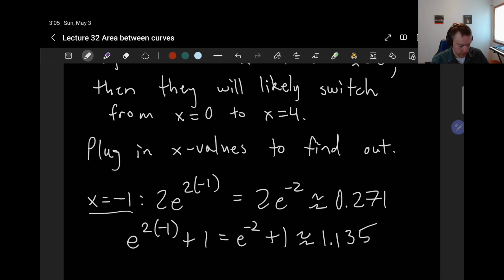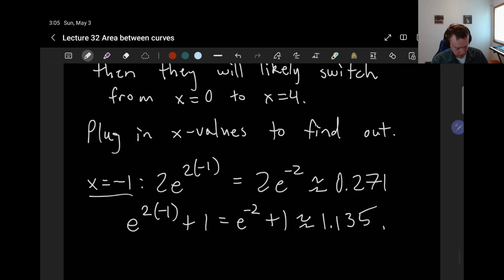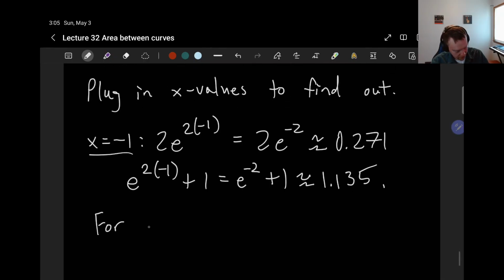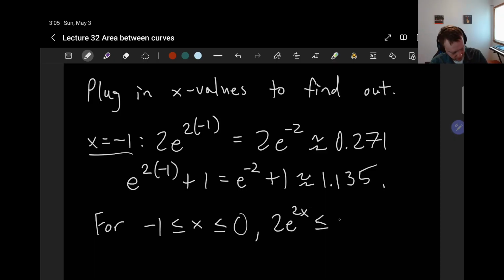So clearly the higher number. That means that on that left side, for x between -1 and 0, the 2e^(2x) is the lower curve, and the e^(2x) plus 1 is higher. We found that out by plugging in at a test point.